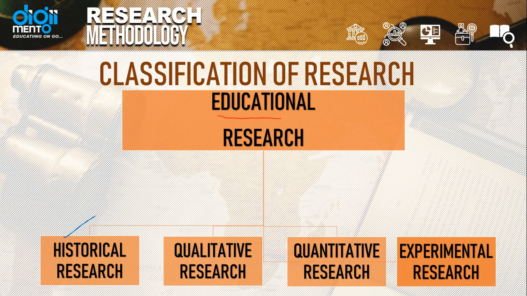Different people have different opinions, so we do not measure them. We analyze them through interviews and observations. Quantitative research basically focuses on behavior study. Now the next one is experimental research. This is very simple. It describes what will happen in the future if certain variables are carefully controlled and manipulated. So that's it.